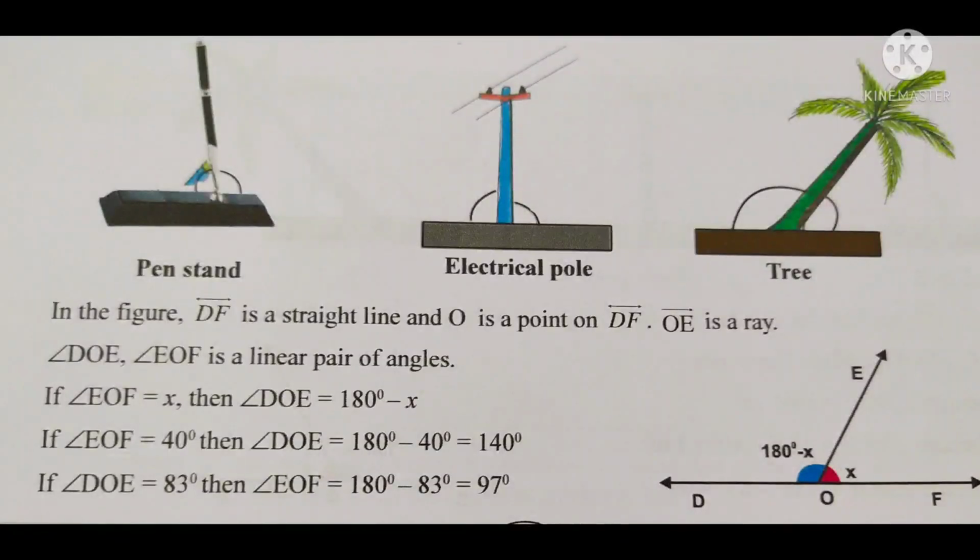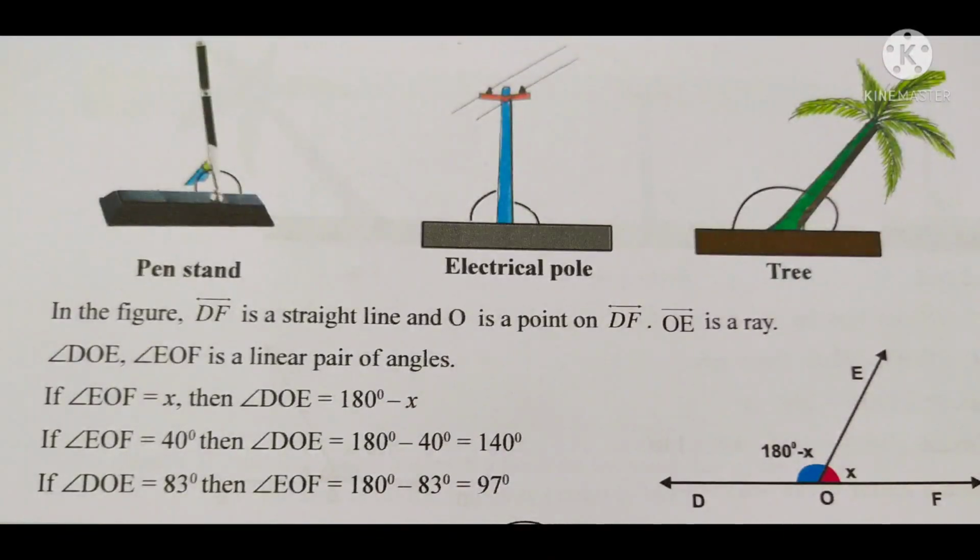If angle EOF equals 40 degrees, then angle DOE equals 180 minus 40 degrees, that equals 140 degrees. If angle DOE equals 83 degrees, then angle EOF equals 180 minus 83 degrees, that equals 97 degrees.